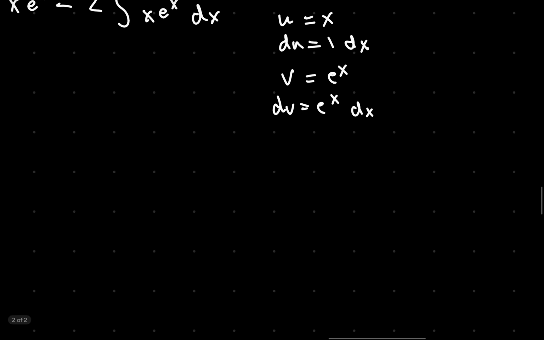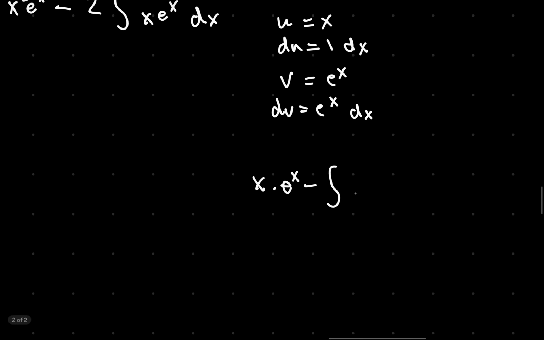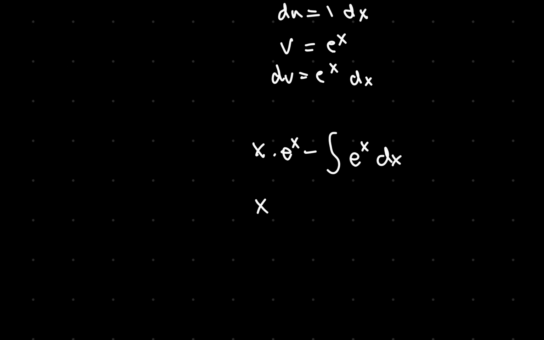Okay. Another little formula, let's just plug it straight in. We know it by now. U times v minus integral of v du. Perfect. x times e to the x. The integral of e to the x is e to the x.